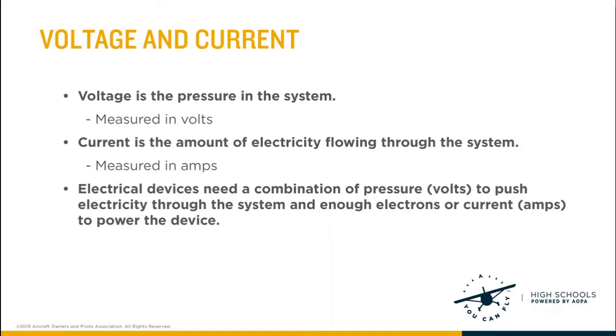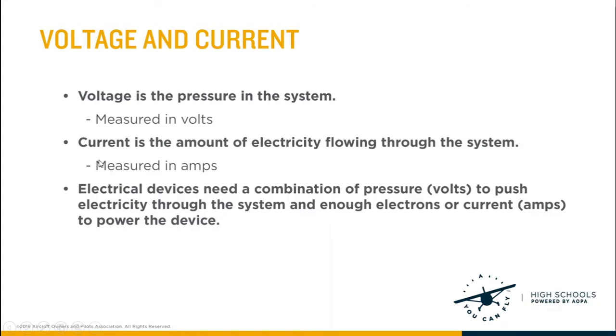So you can think of it like if you're talking about water, if you've got high pressure and a lot of water coming out, like a fire hose that firefighters use to put out fires, that would be kind of like having high voltage. And something like a sink barely turned on would be kind of like low voltage, not much pressure. And that is measured in volts.